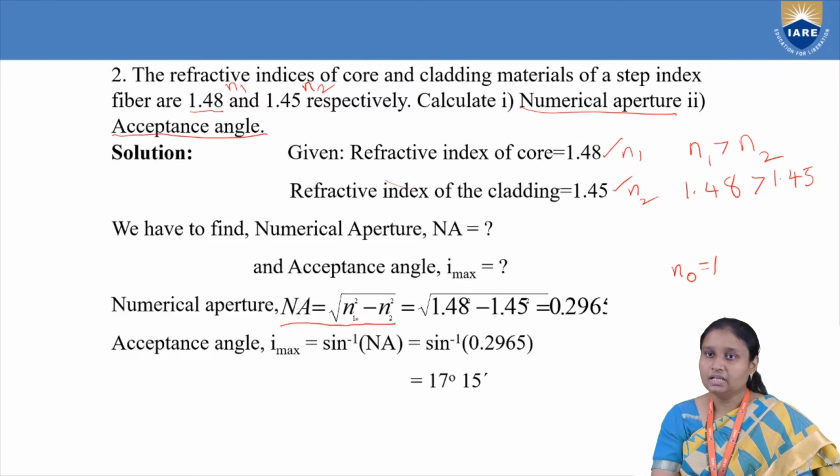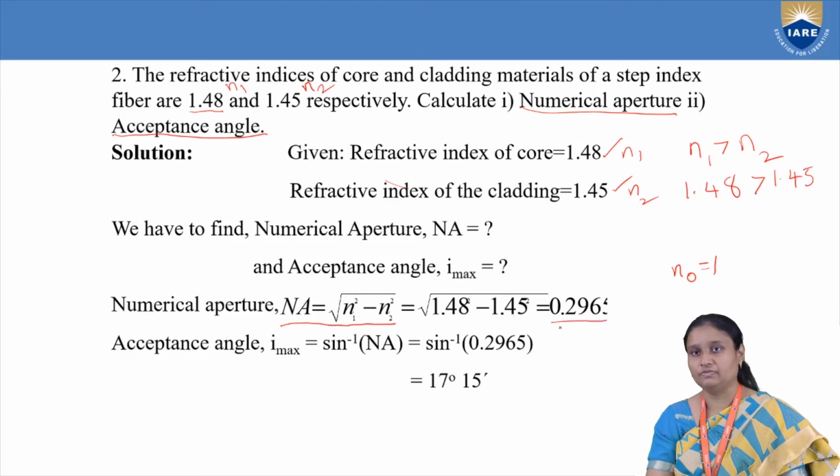N1 is already given, which is refractive index of core, 1.48 whole square, minus n2, refractive index of cladding, which is given as 1.45 whole square. And if we simplify it, if we solve it, we end up having numerical aperture as 0.2965.